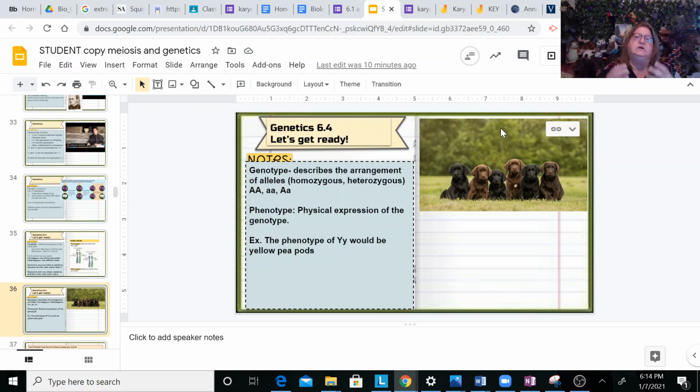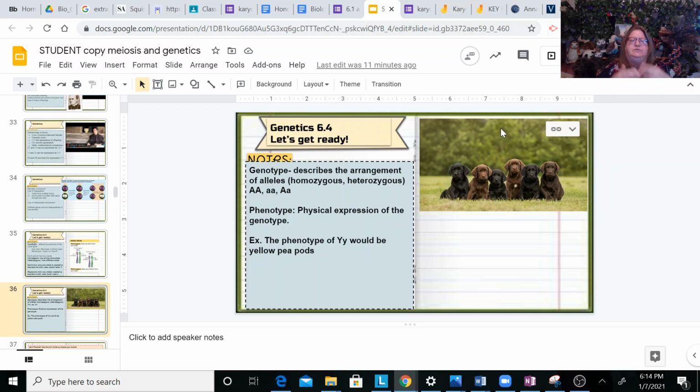Phenotype would be what that individual is or what it looks like, the physical expression. Do we have a black Labrador retriever? Do we have a chocolate Labrador retriever? Do we have type A blood? Do we have blue eyes? Those are all phenotypes. So, for instance, in my example, big Y, little y might be the genotype for the yellow pea pods, but its phenotype would be that it's yellow.